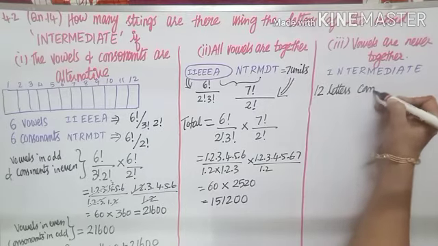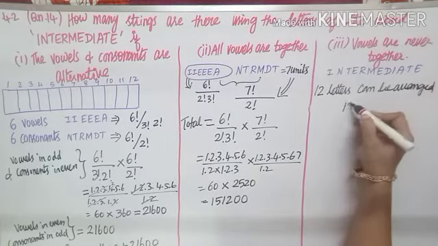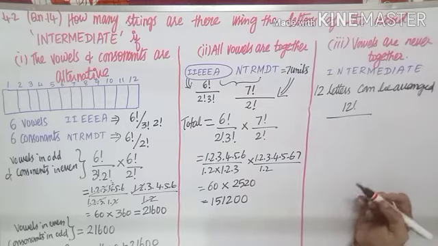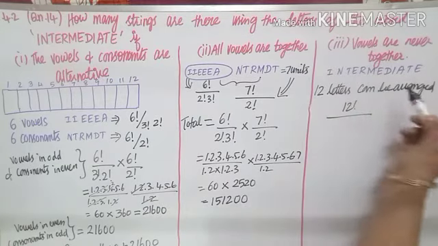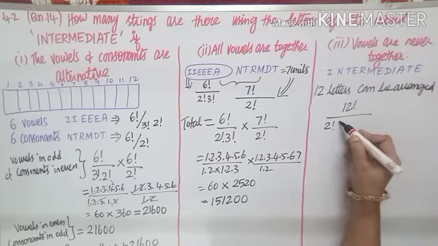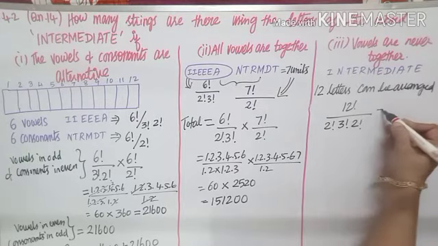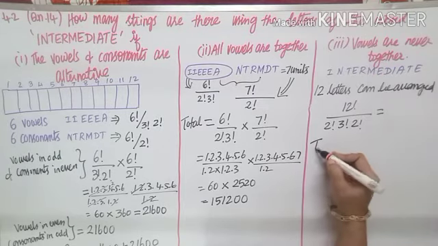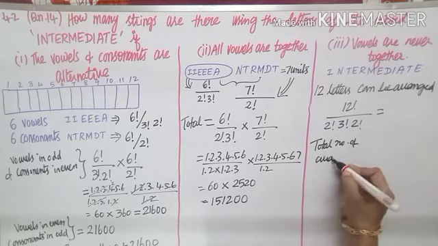Can be arranged in how many ways? 12 factorial divided by how many letters are repeated? We shall check. The i's already we have done 2 factorial, the e's 3 factorial and the t's 2 factorial.